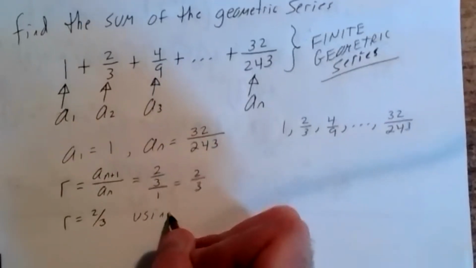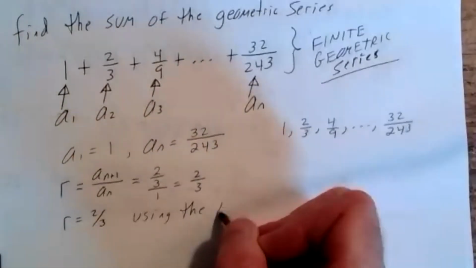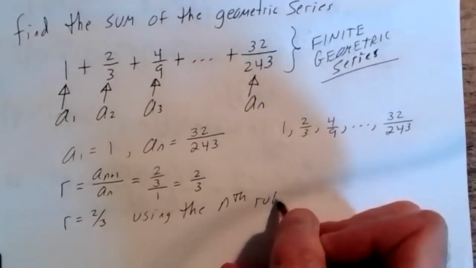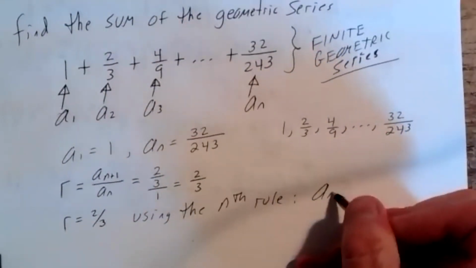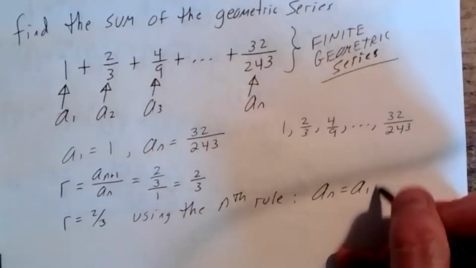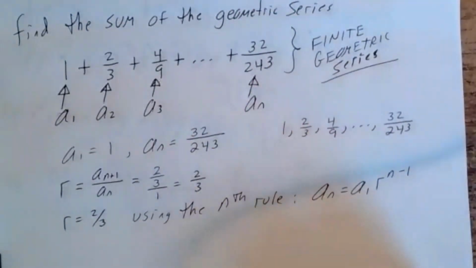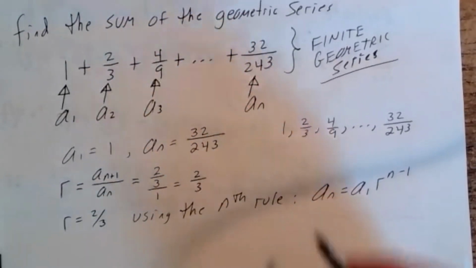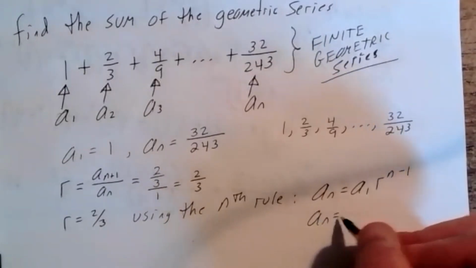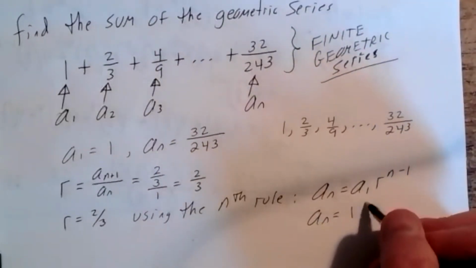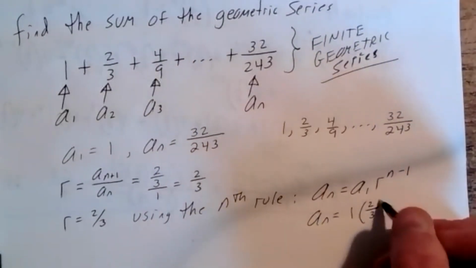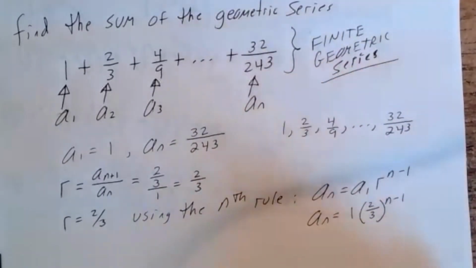We know the first term, we know the common ratio. Therefore, using the nth rule, I think we can derive for ourselves the nth rule here. Therefore, we know that our nth rule is going to be the first term, which is 1, times the common ratio, which is 2/3, raised to the n minus 1 power.